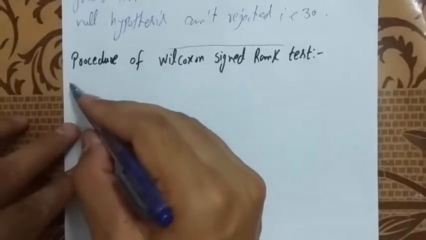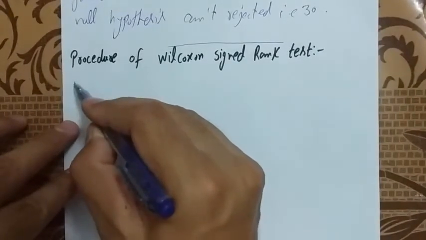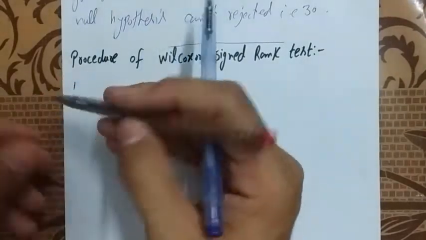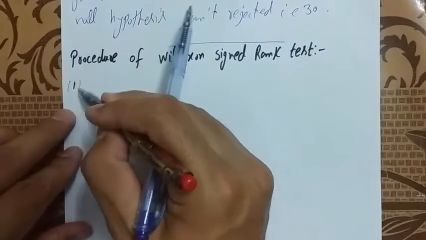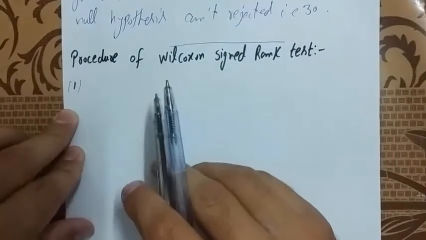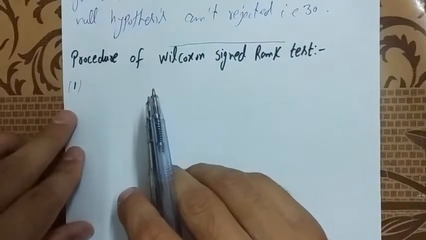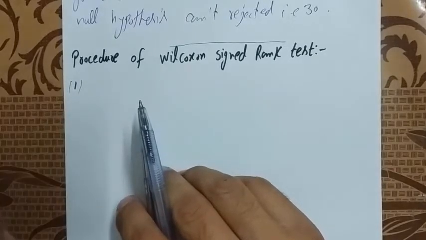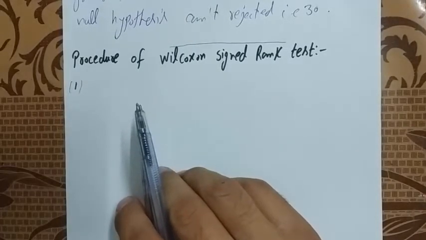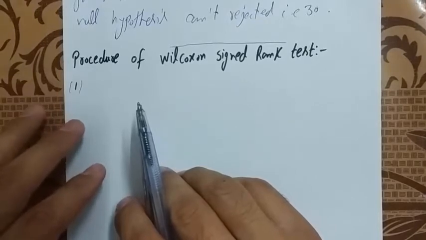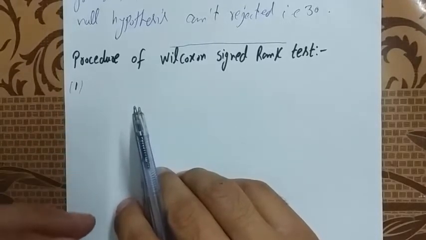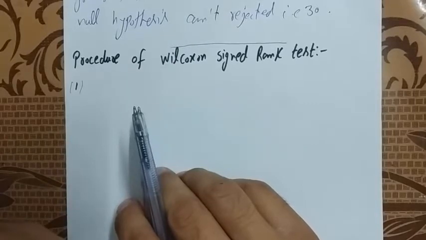In the first step, students, we have to formulate the null and alternative hypothesis. Students, I remind you that in the problem of the Wilcoxon signed rank test, we have two populations.